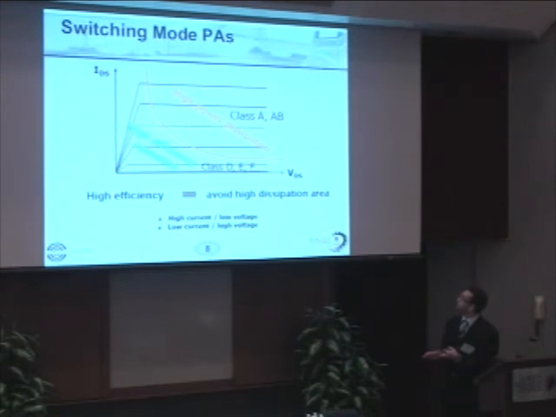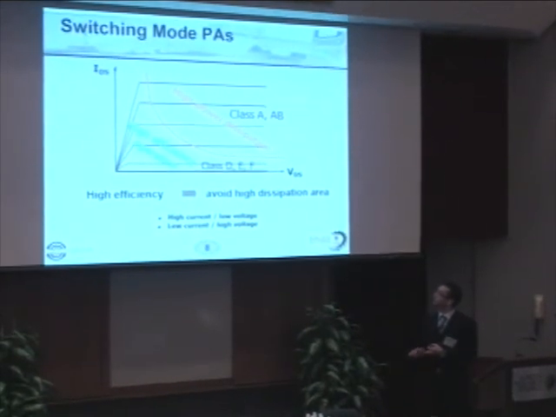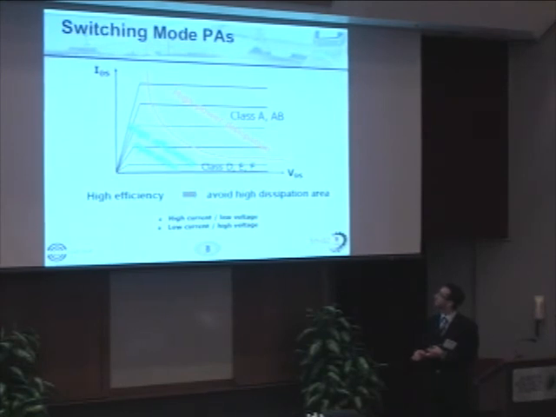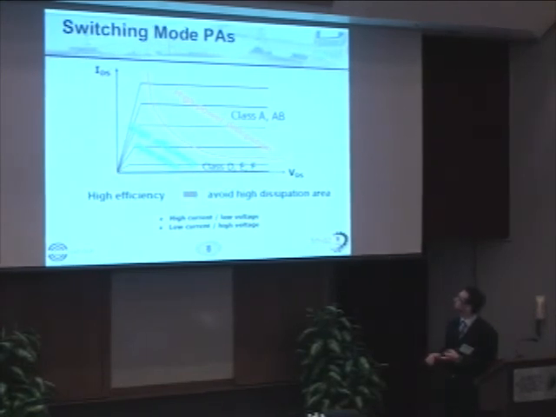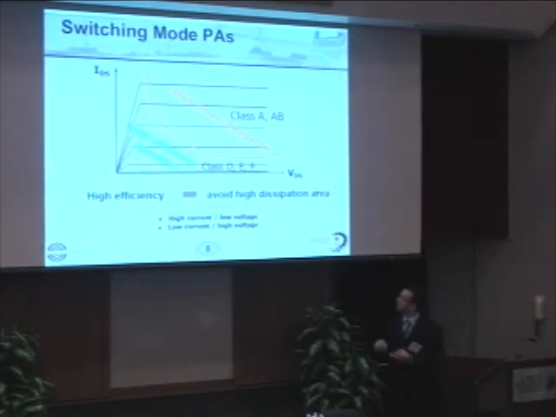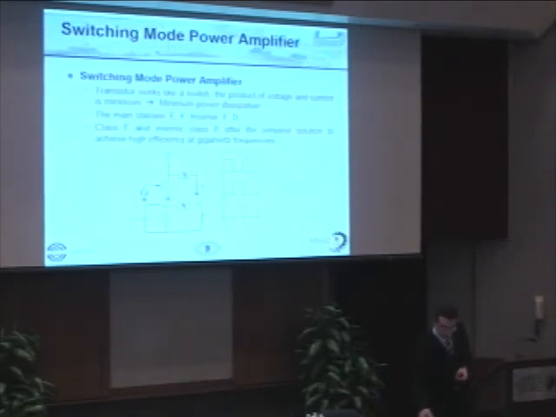Why is that? Because if we look at the curves of the drain current versus the drain voltage, a switching mode power amplifier consists in operating in the high efficiency region where there is either current and no voltage, or there is voltage and no current. How to achieve that?